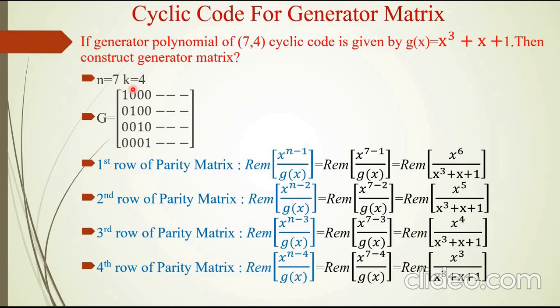And if you see the structure of the generator matrix, you will find the structure is an identity matrix like this, because we know n equal to 7 and k equal to 4.